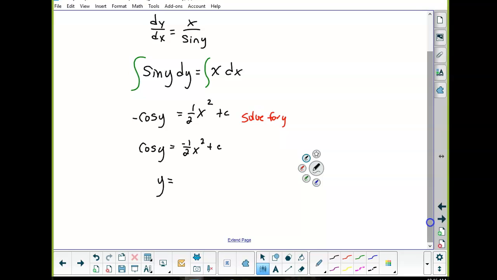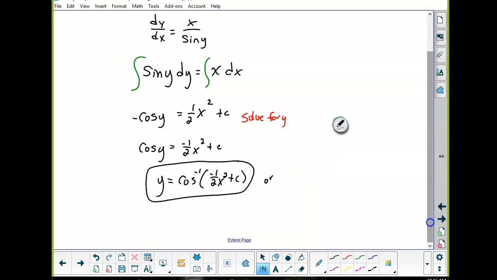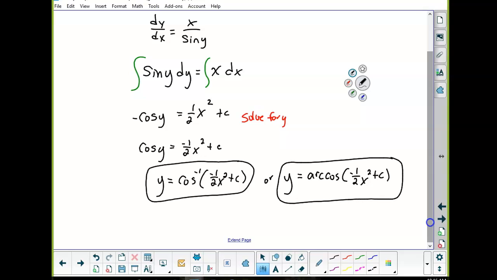You need to move the cosine over to the other side. And you could either say cosine inverse plus c, and notice how the plus c is in the parentheses as well, that's important. Or we could use the word arc cosine. Just remember those are the same thing.